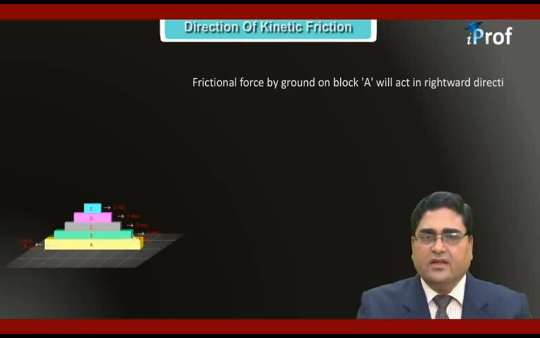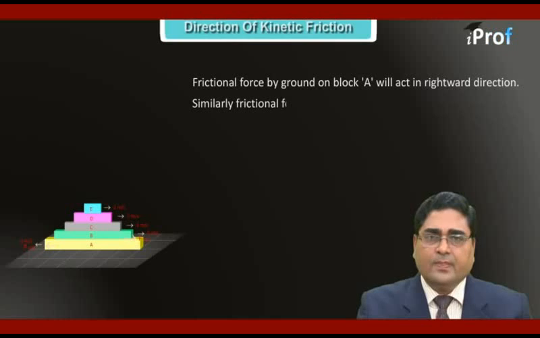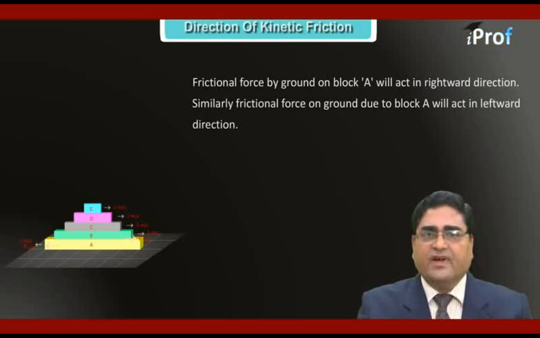Similarly, since block A is moving leftward with velocity 5 meter per second with respect to ground, the frictional force by ground on block A will act in rightward direction. Similarly, frictional force on ground due to block A will act in leftward direction.